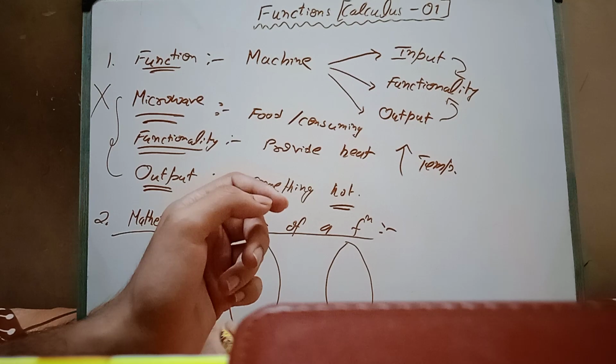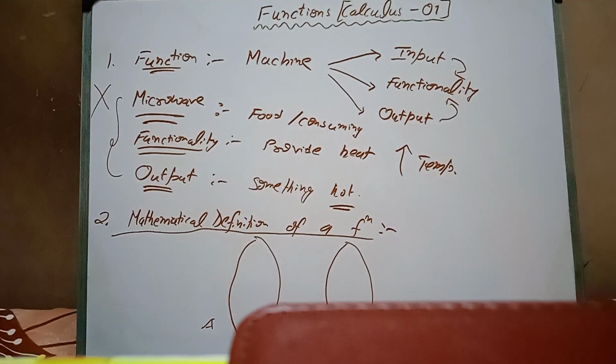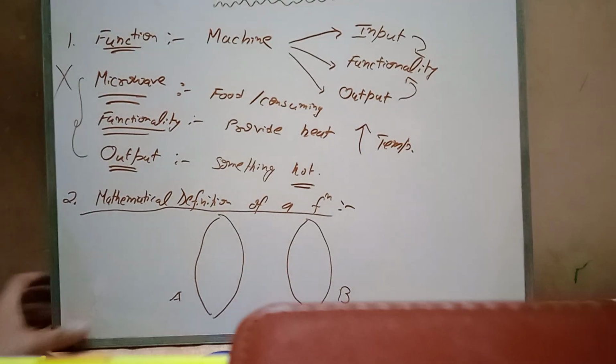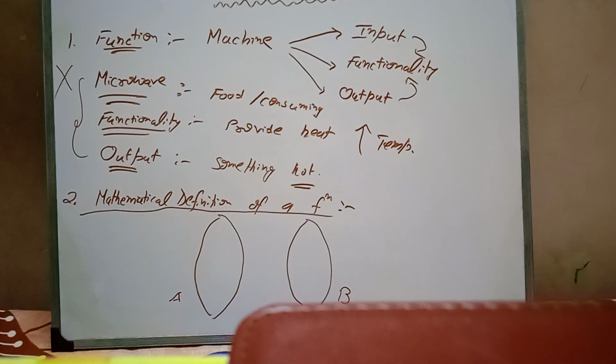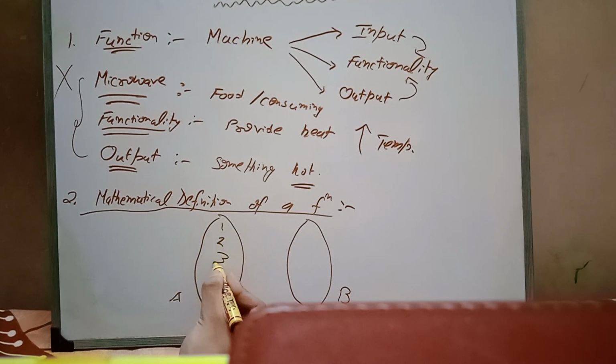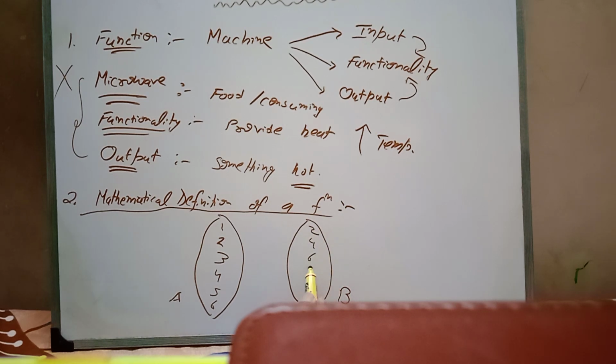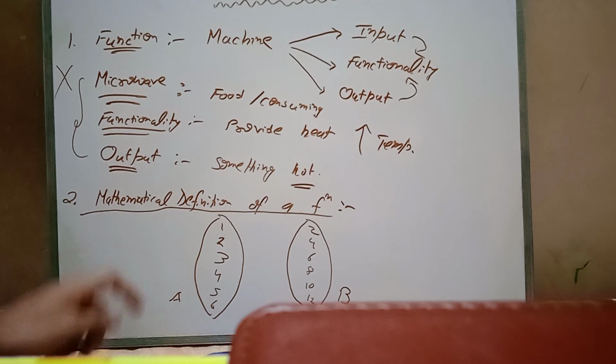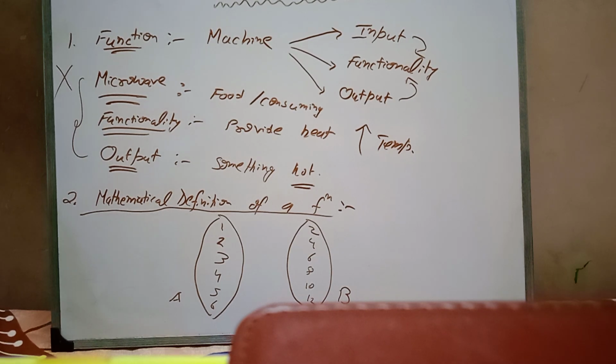Let's say this is set A and this is set B. Set A has elements 1, 2, 3, 4, 5, 6, and set B has elements 2, 4, 6, 8, 10, 12.